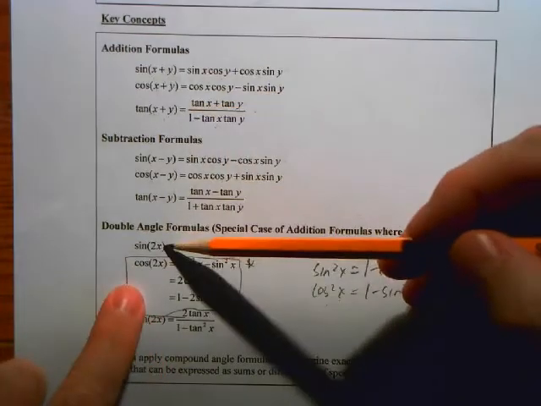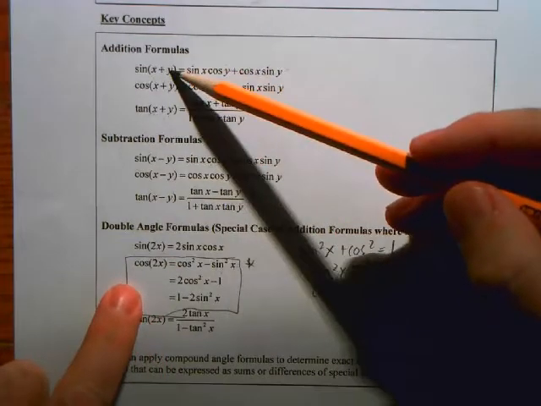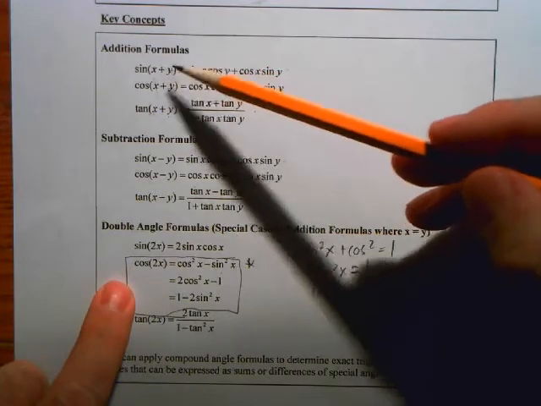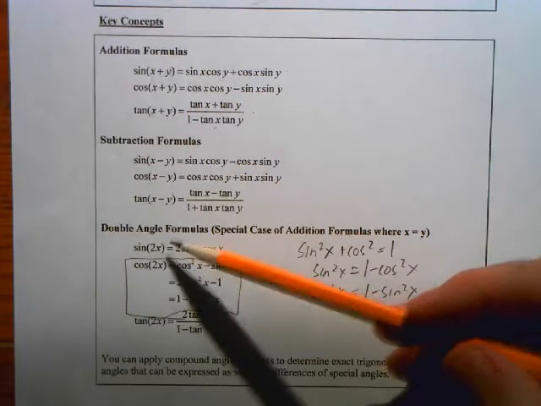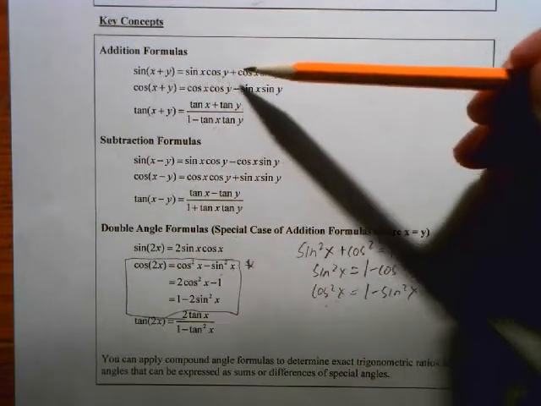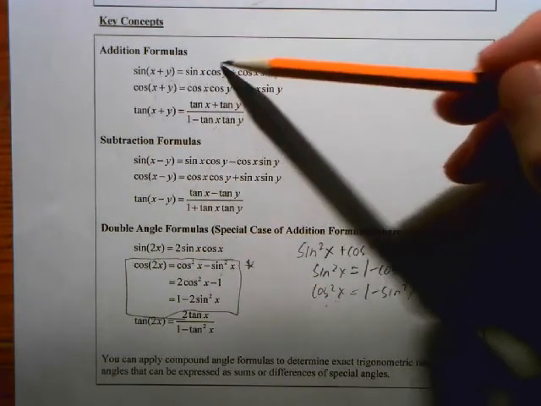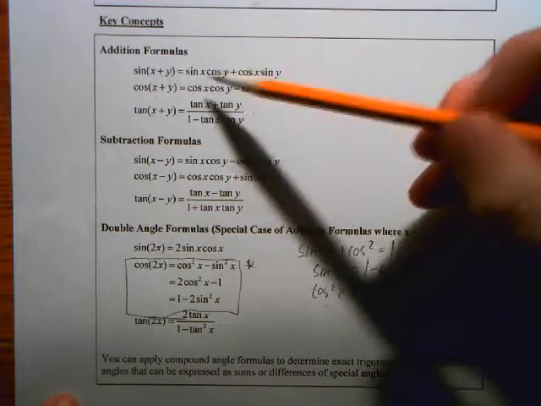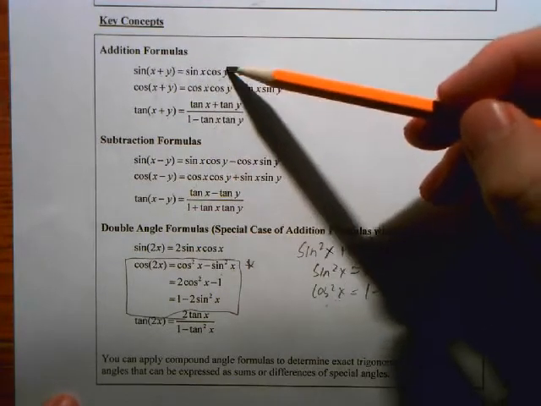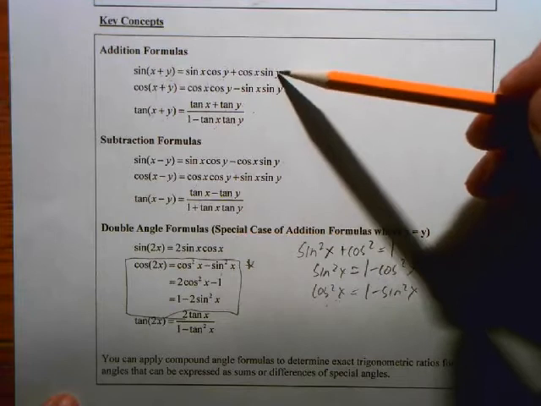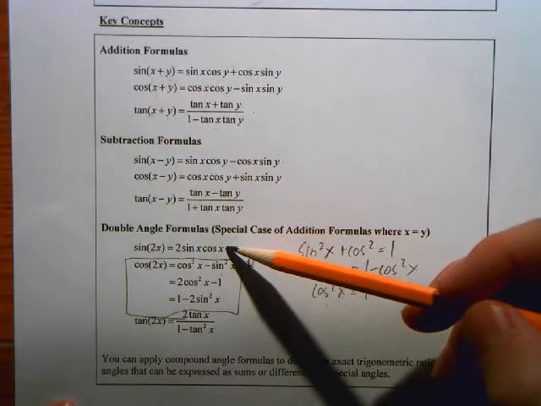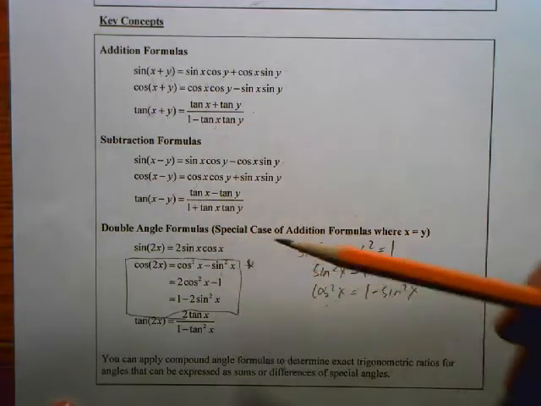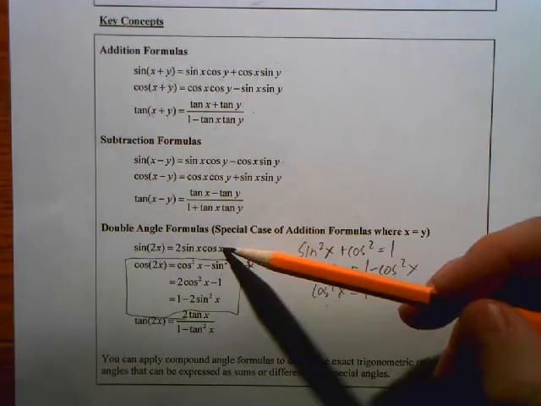For example, sine of 2x, replace the y with an x, and that turns into sine x cos x plus cos x sine x, which is the same thing. So you get this formula here: 2 times sine x cos x is the abbreviated version of that formula.